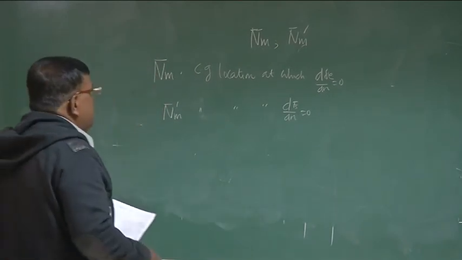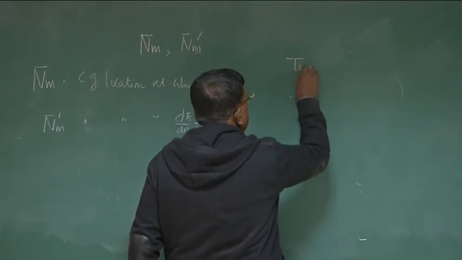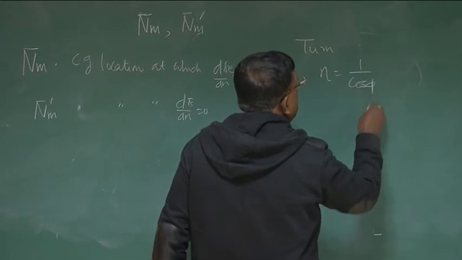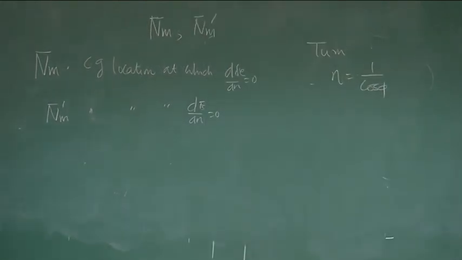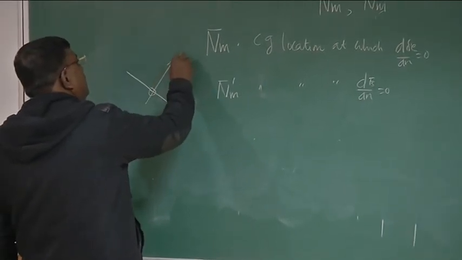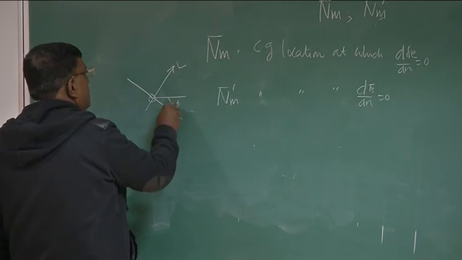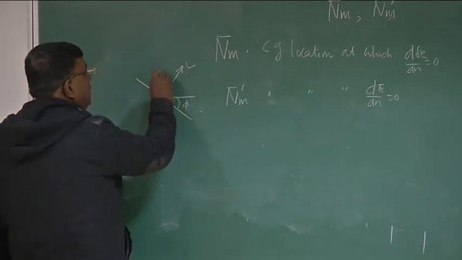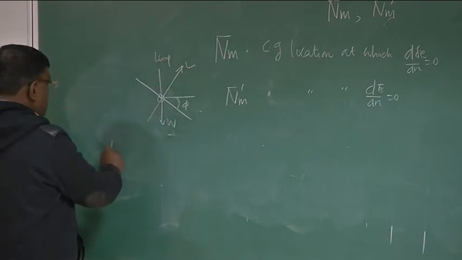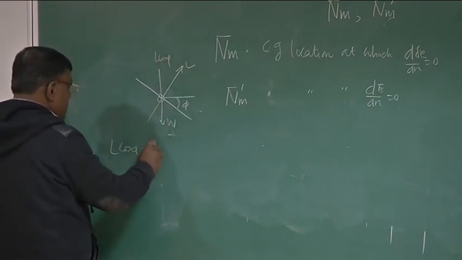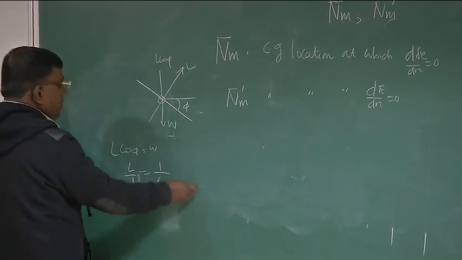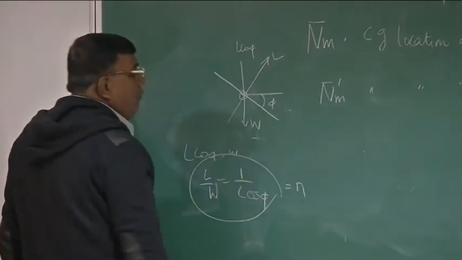When I do a bank and turn, or turning flight, then you know n is 1 by cos phi, which we have seen. Right? Let's say L cos phi equal to W. So if this is your airplane, this is the lift, this is the phi. If it is the W, this will be L cos phi. So if L cos phi equal to W, L by W is equal to 1 by cos phi, which we know L by W is nothing but n, the load factor.